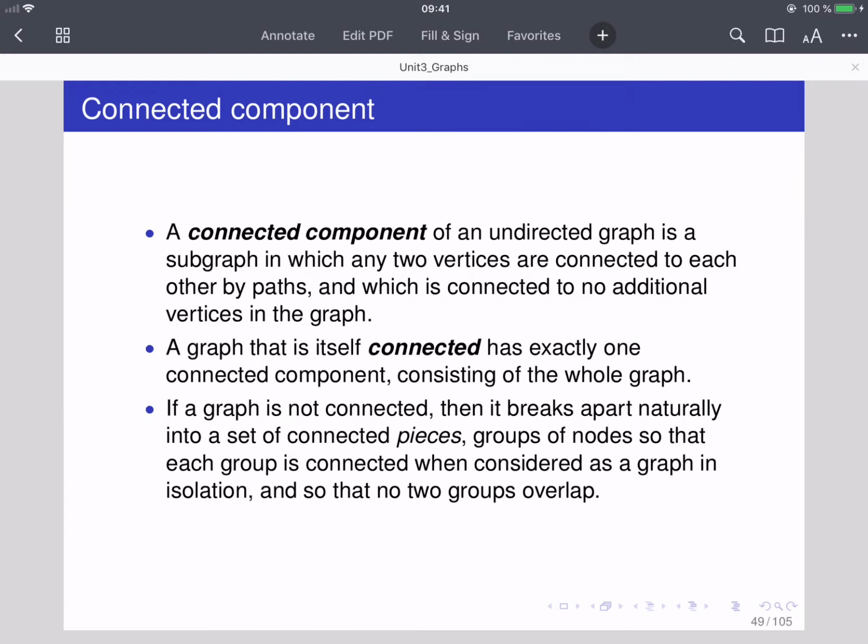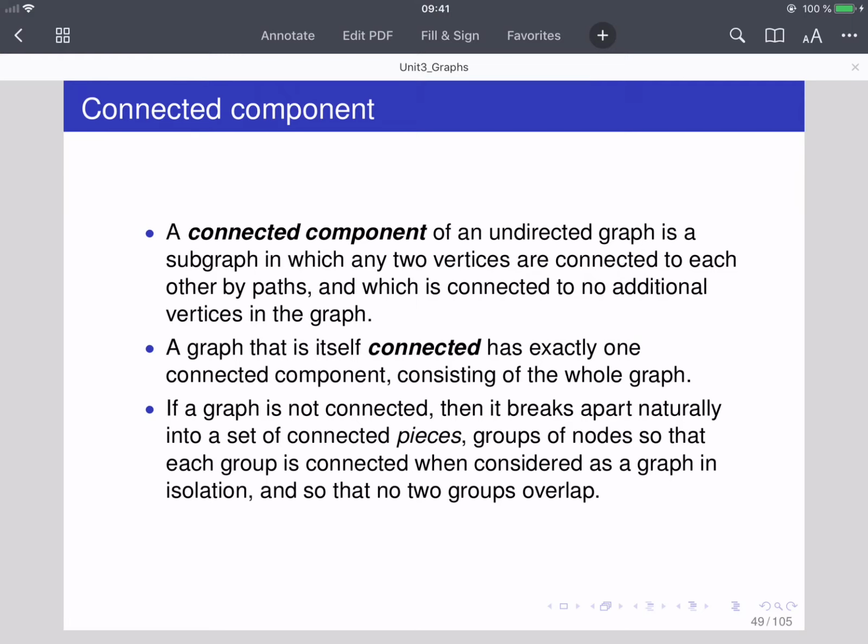If you don't remember that, a connected component is just the set of vertices that are reachable from each other, and that includes all the vertices that are reachable from the vertex in the connected component. So in the example it was very clear, 1, 2, and 5 were connected to each other, and there were no other vertices that were connected to the vertices in that set. Okay, so that is a connected component.